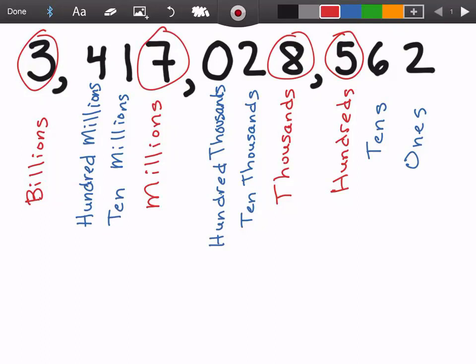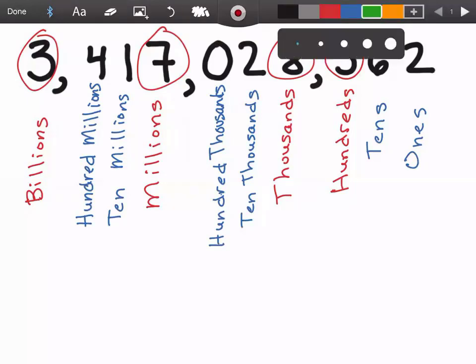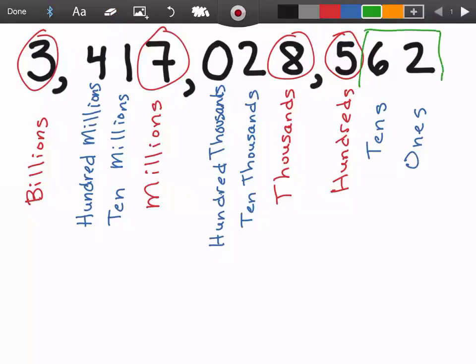Also the last 2 digits are special. You don't write 2 ones or 6 tens. You write this as a new number, 62. So let's start in the ones and tens places and see how to write these numbers out.